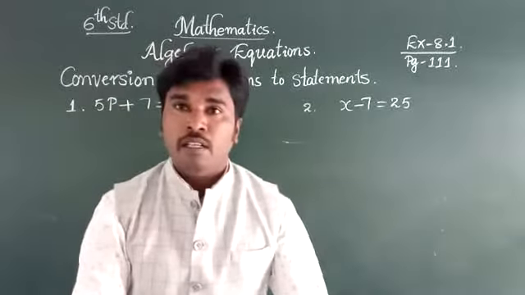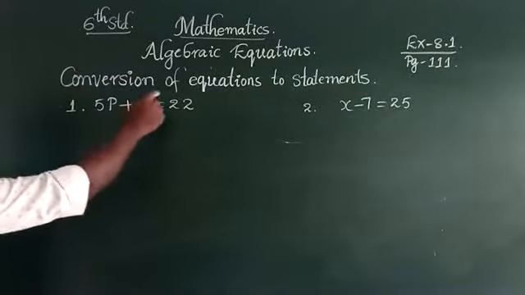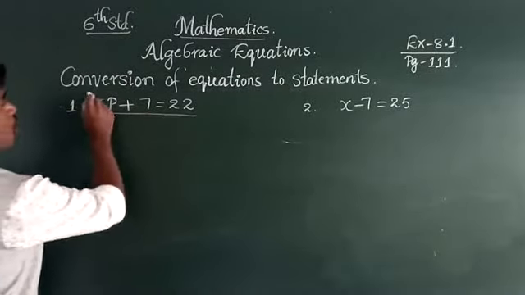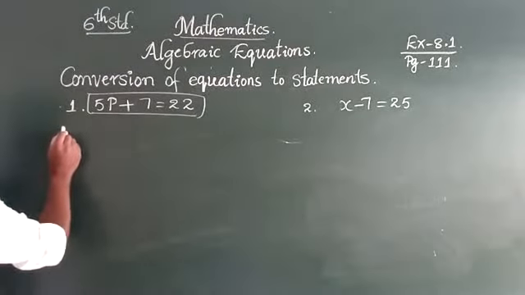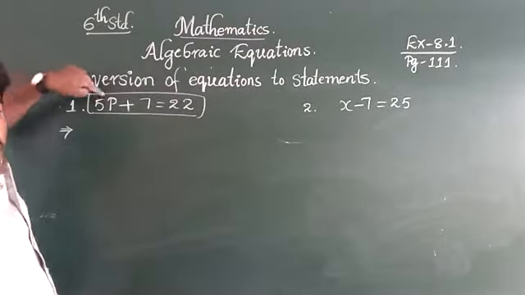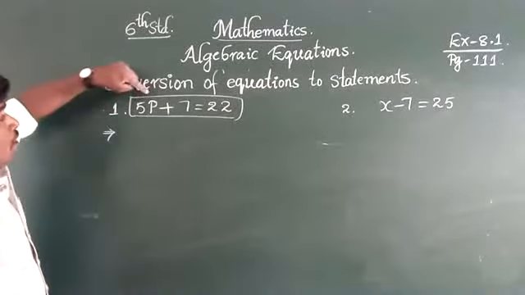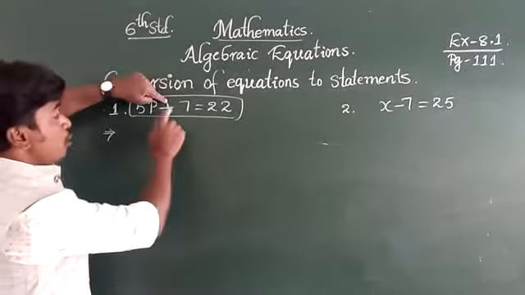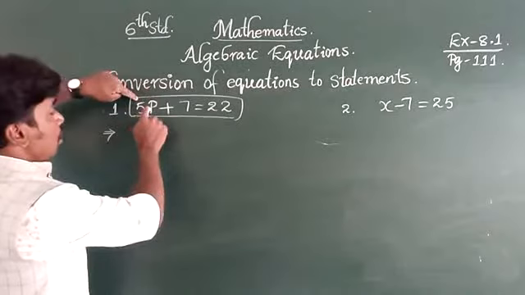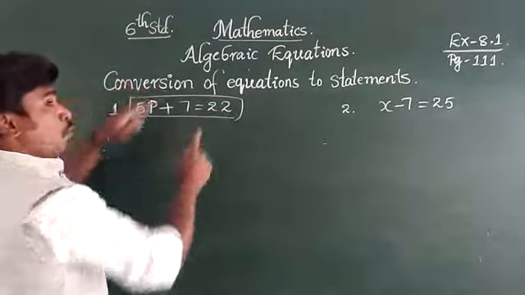Two equations I have taken. Now you convert these equations to statements. This is the equation, so how to write it in the form of a sentence? You can write it in this way. Observe here: 5 times a number p is added to 7 gives 22.